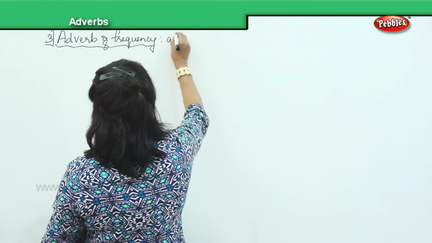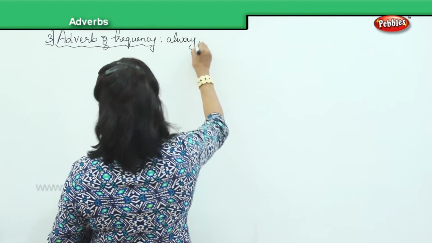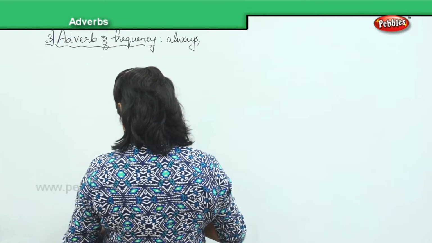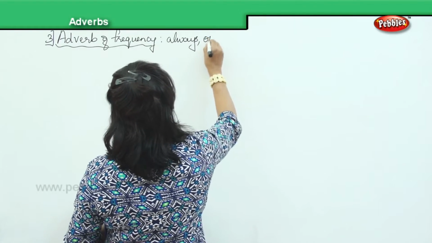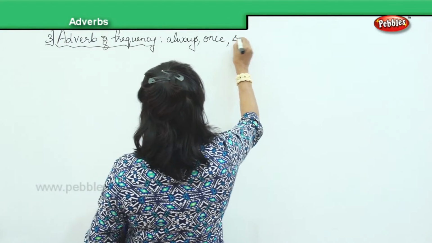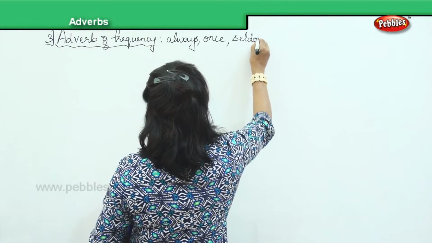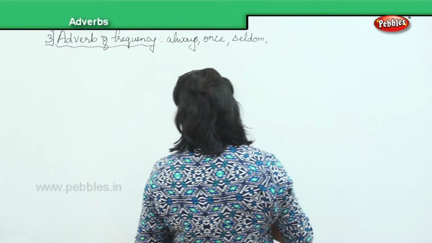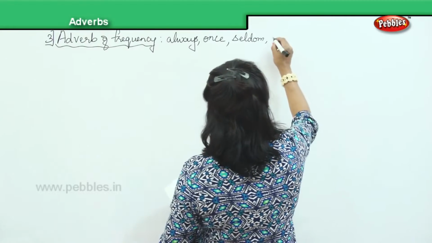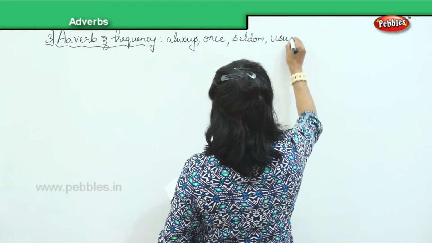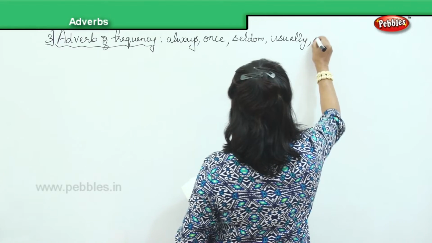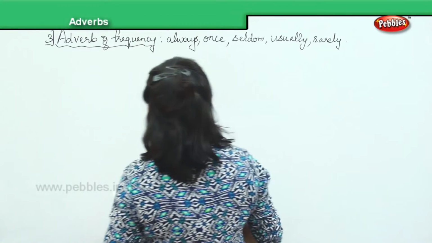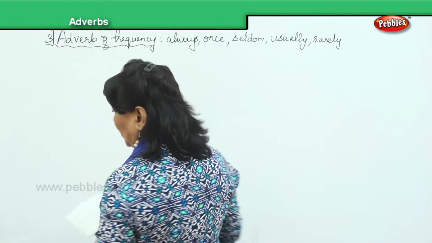Always, once, seldom, usually, rarely. Okay, we have five words.